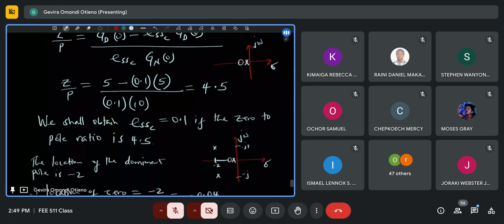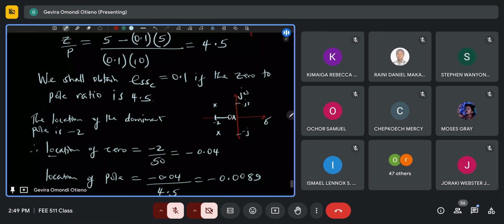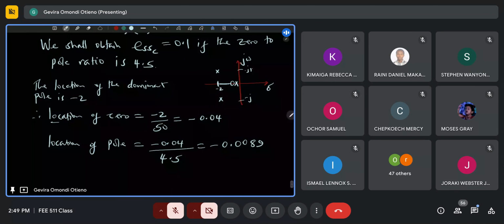Then number two, we have also decided to use the rule that the zero location should be at least 50 times apart from the dominant poles, or the pair of dominant poles in this case. So that is what gave us the minus 0.04. So if we use the ratio, then we obtain that.